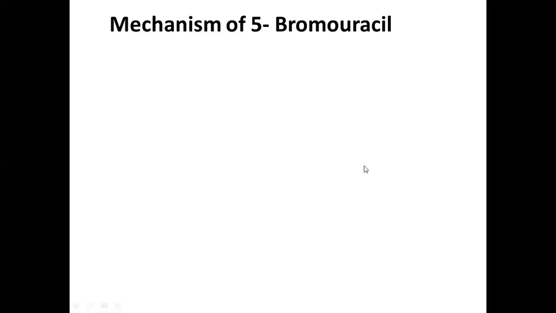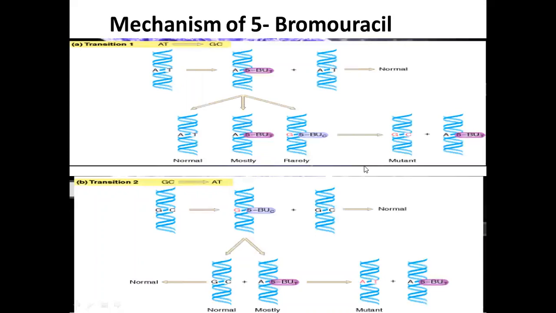So the mechanism of 5-bromouracil, as in the previous slide, could be transition, where we find it being an analog of thymine, with a difference of bromine and the methyl that is found in 5-bromouracil and thymine respectively.